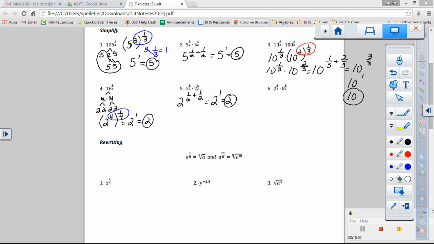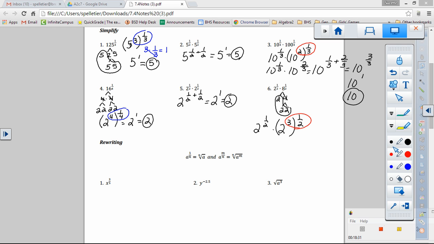In the third example, I need to make the bases be the same so I can add the exponents. So I'm going to break down my 8 into 2 times 4 and 2 times 2. So I'm going to change it to 2 to the 1/2 times 2 to the 3rd that's being raised to the 1/2.